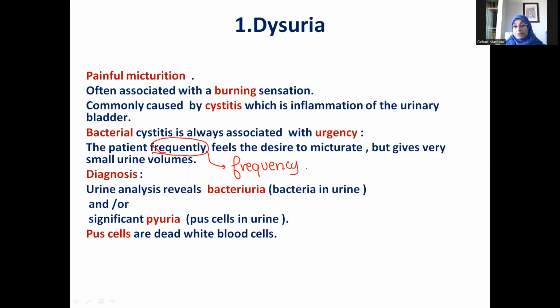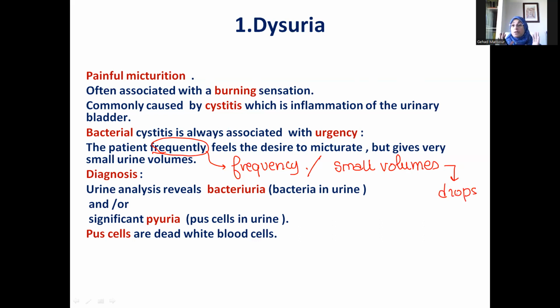So frequency is a symptom, meaning that every now and then the patient has an intense and very strong desire to void and to go to the toilet and to micturate. However, the patient gives very small volumes of urine, and actually we can even say, to show how small the volume is, drops of urine.